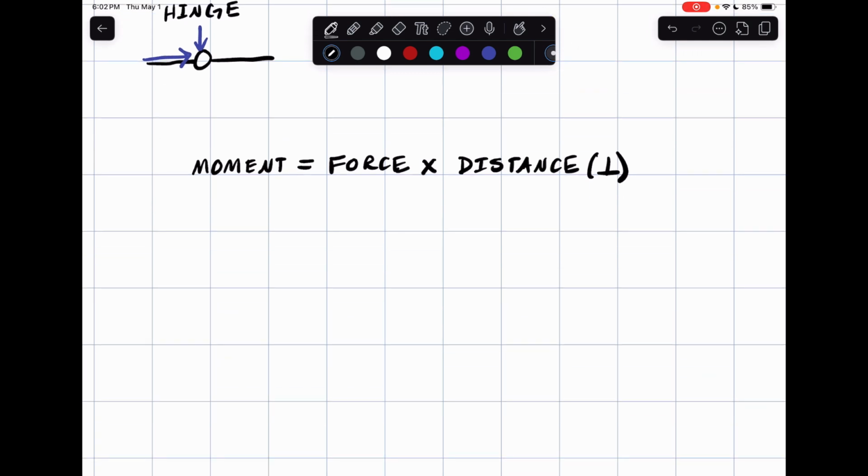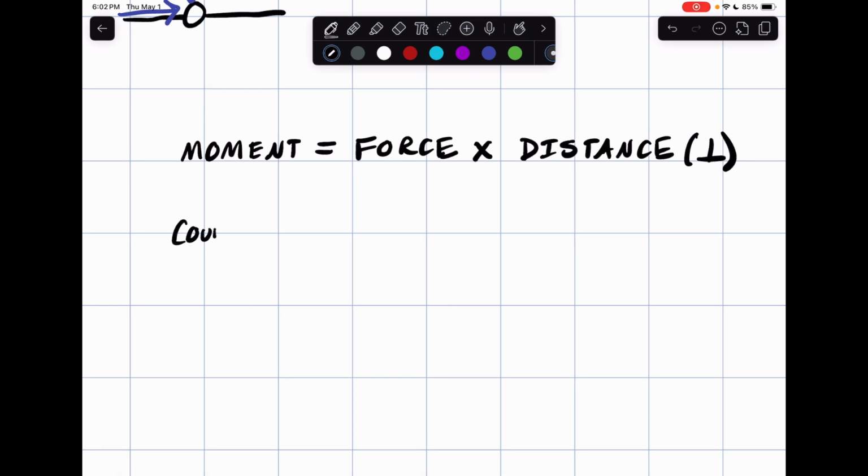Now there's also a thing called couple moments. So a couple moment, let's write it down, couple. And a couple moment is created when we have two forces. So let's say we have a force here. This is our first force. And our second force is pointing the opposite way.